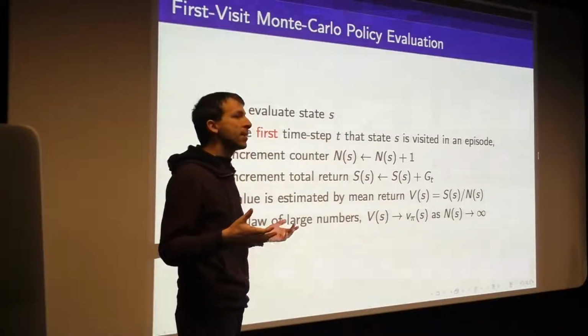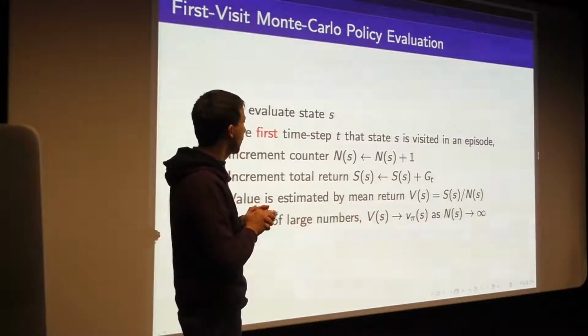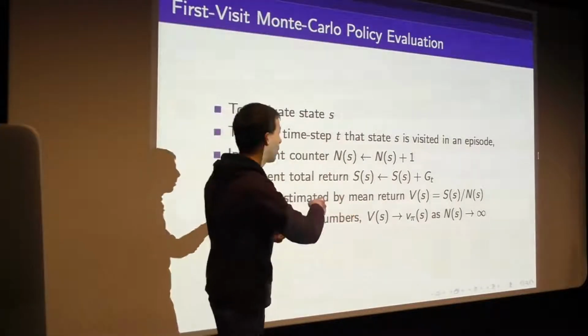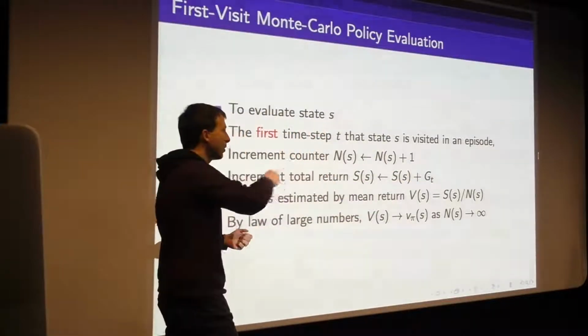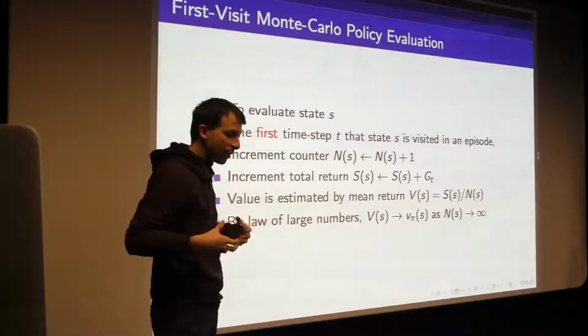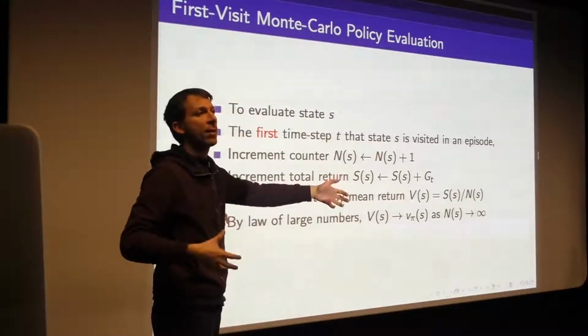The only requirement is that we somehow visit all of these states. And we do that by just sampling along our policy itself. So we generate trajectories along our policy, again and again, and we look at the returns that we get from the first time you visit a state onwards, and we average over those returns.